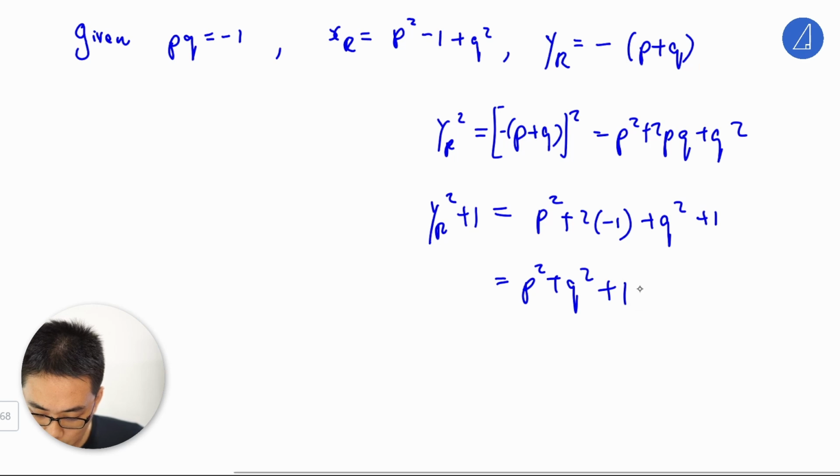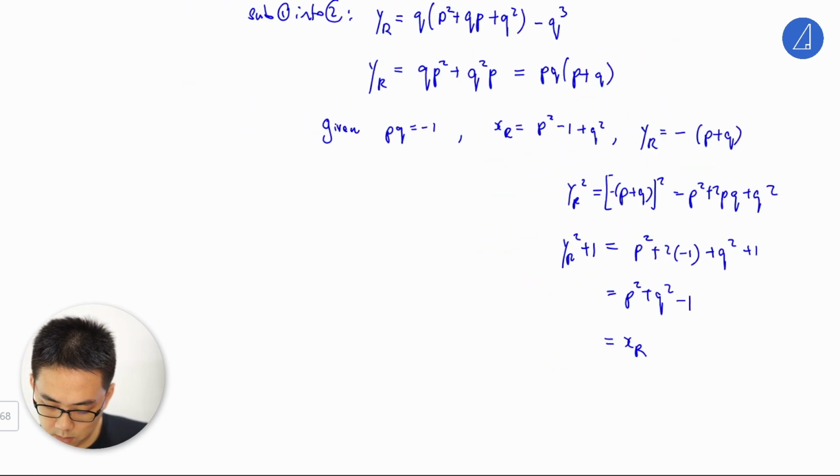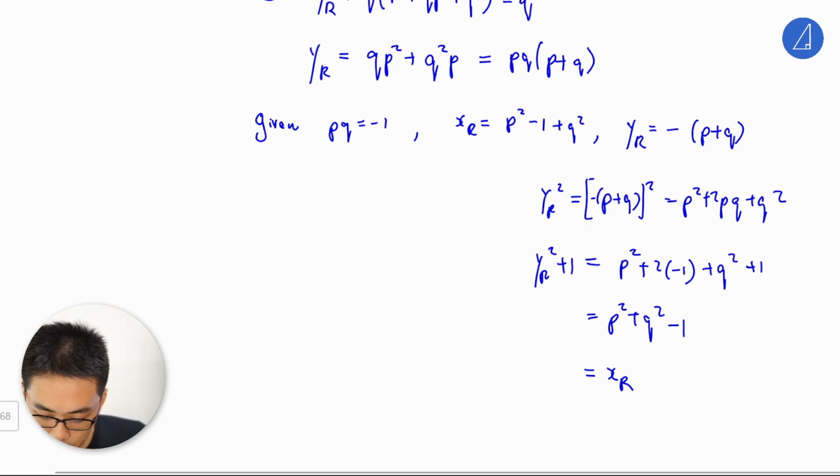Is it plus 1 or minus 1? Okay, so I just squared this. Can show. So this is xR.